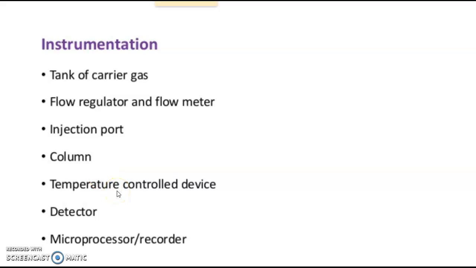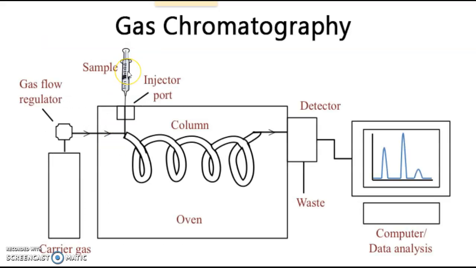A definite temperature is supplied to the column or maintained. Next one is the detector. The detector just detects the sample separation. Next one is the microprocessor or the recorder, which records the signals given from the instrumentation. So we will study one by one.